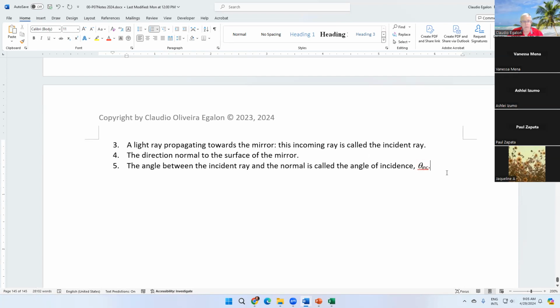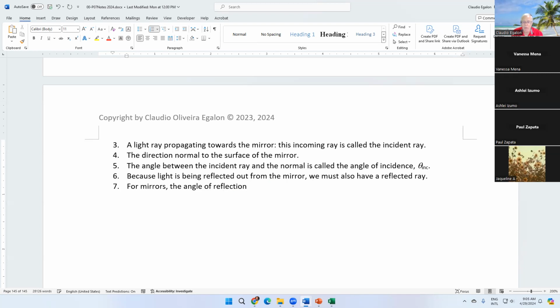And now, very important, because light is being reflected out from the mirror, we must also have a reflected ray. For mirrors, the angle of reflection is equal to the angle of incidence.